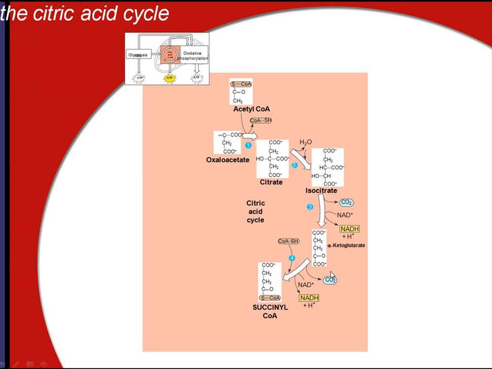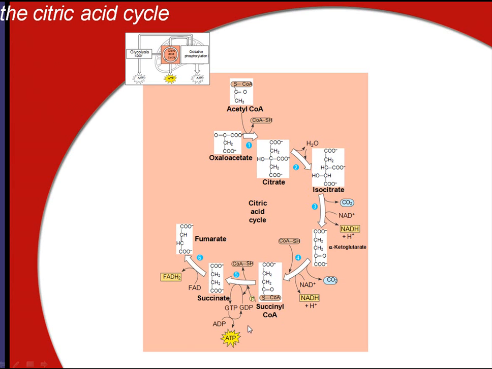Alpha ketoglutarate again will go through and oxidize off a carbon dioxide and reduce NADH plus H plus again, and leaves us with succinyl coenzyme A. So by the point of step 4 of the citric acid cycle, we have completely oxidized our first pyruvate molecule.